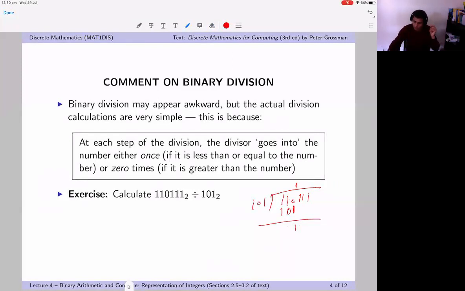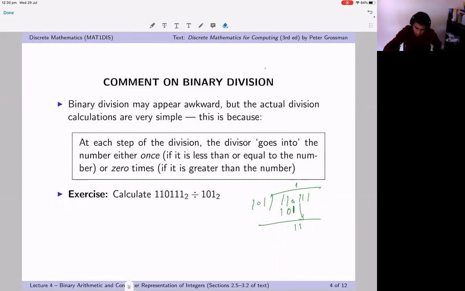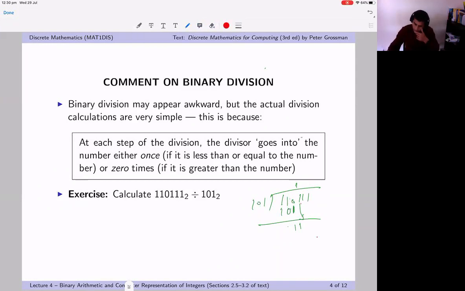Then next step is to bring this 1 down to have 1 here and divide with 101. Now I still can't do it, so I would put a 0 here and then bring in another 1 here.